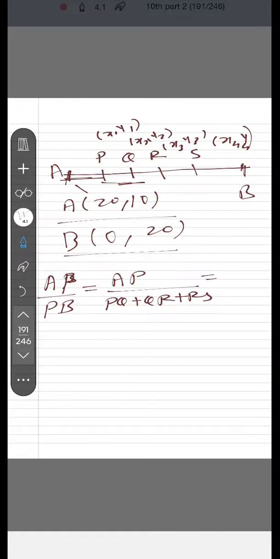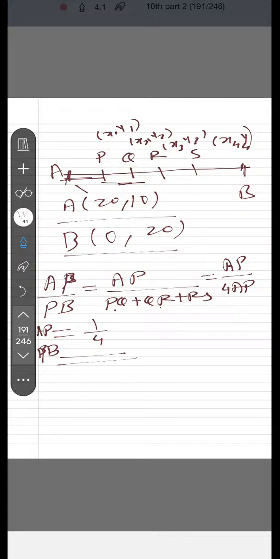Here they are divided into equal parts. It means that AP is the same distance as PQ, QR and RS. Therefore PB is 4 times AP. AP gets cancelled, so I will get AP upon PB is equal to 1 upon 4.